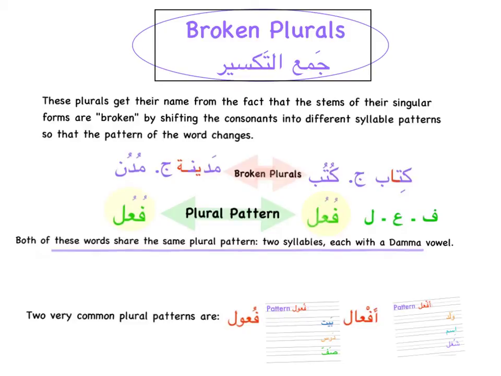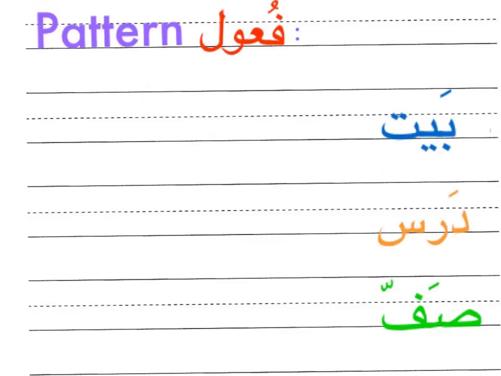Two very common plural patterns are fu'ul and af'al. These are the patterns that we work towards with the singular word. When I say we work toward it, it means that we need to put this word in this pattern. This is a singular word, bayt, meaning house, and this is the pattern fu'ul.